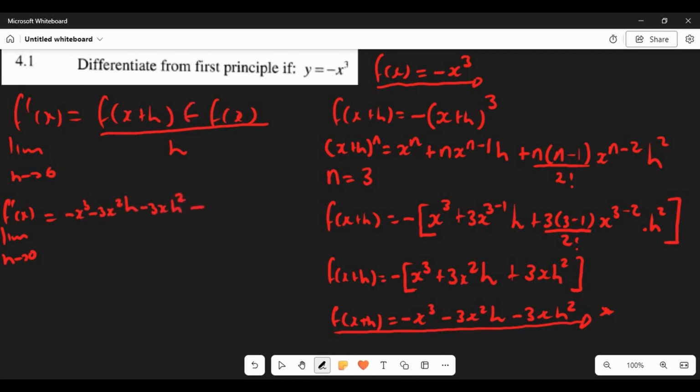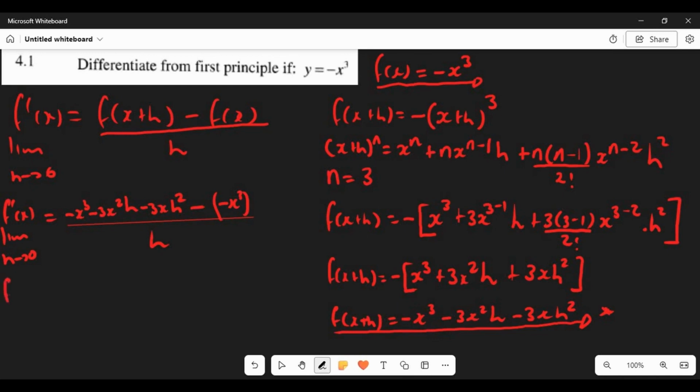Minus, let us not forget we have minus here, and then f of x. But what is our f of x? Our f of x is negative x cubed. So negative x cubed. There we go. This is going to be divided by h.